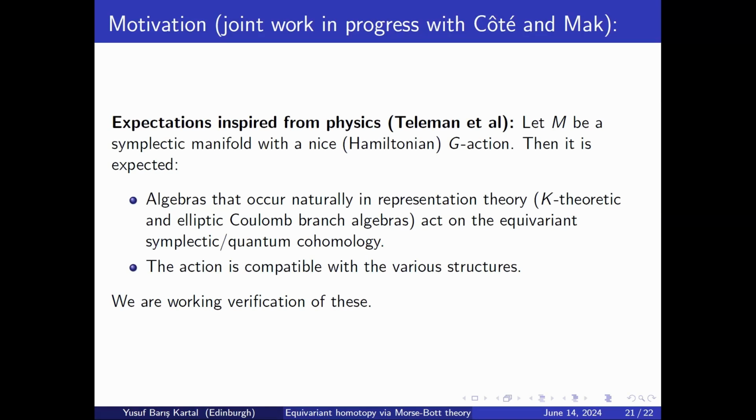He constructed some identification, something like that. But yes, the expectation is that this is photonic. You can actually get this for loop space, and it's also expected to be topological Hochschild homology of some category of the space. That's what we need.